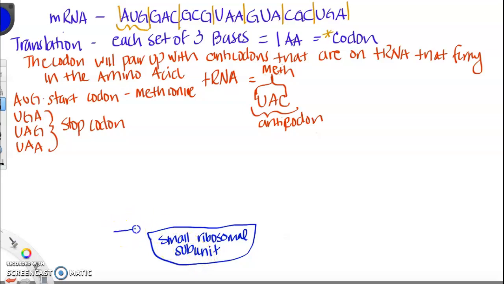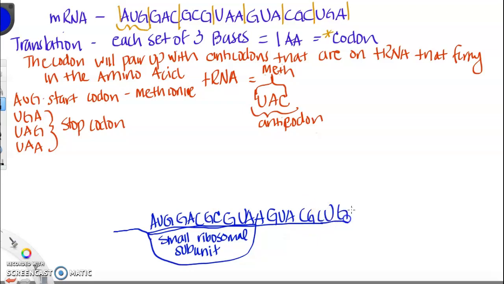And it will connect to it right here. So the first, just put AUG here, GAC, GCG, UAA, GUA, CGC, UGA. Okay, so this is the mRNA right here.